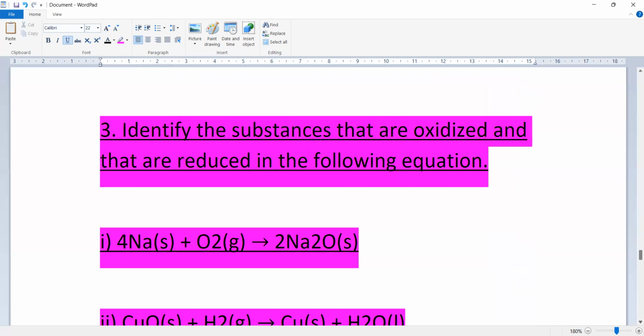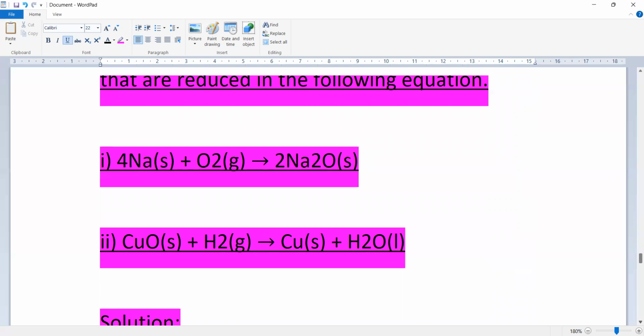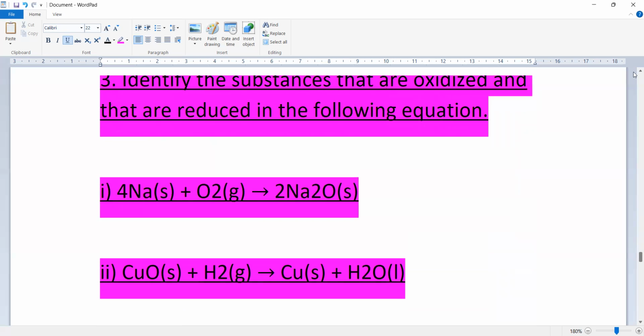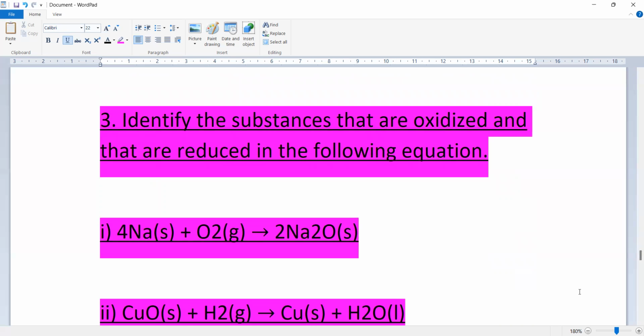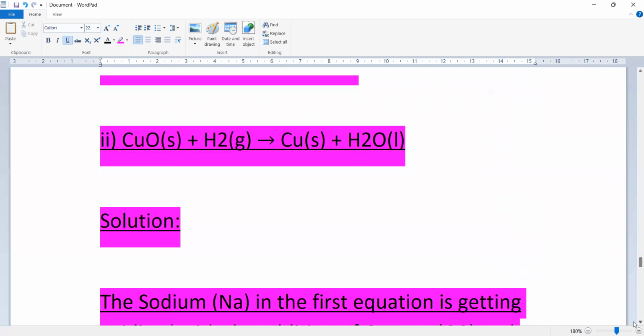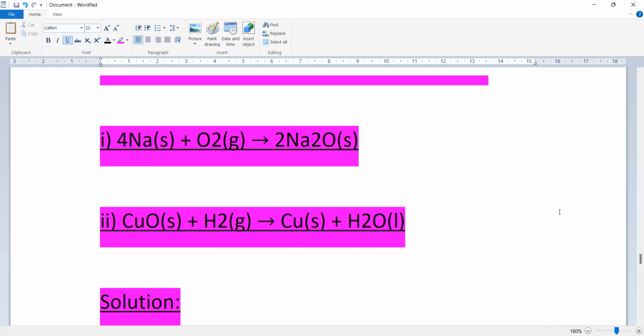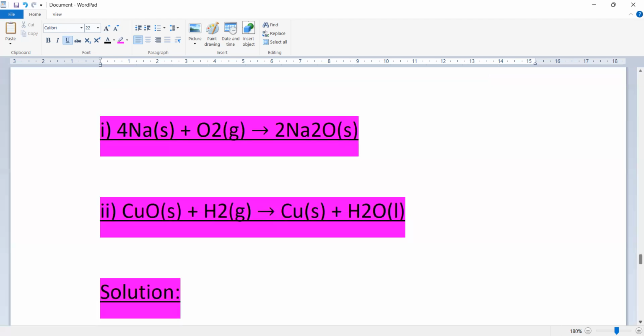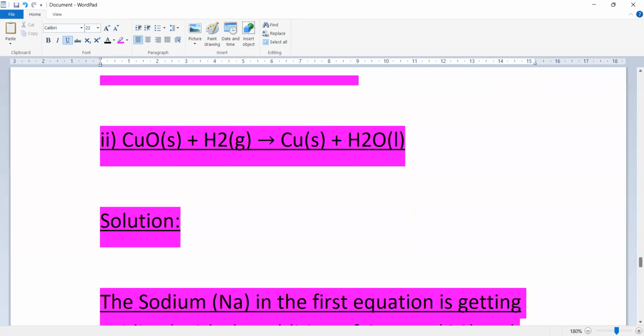Identify the substances that are oxidized and that are reduced in the following equations. You can identify the oxidized substance and the reduced substance. In the first reaction, 4 Na solid plus O2 gas gives 2 Na2O, sodium oxide solid.